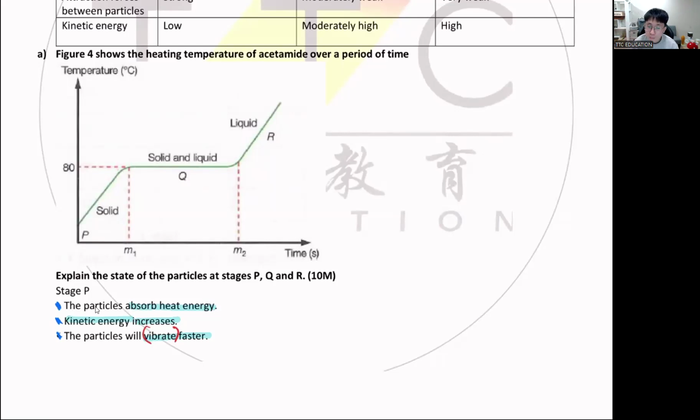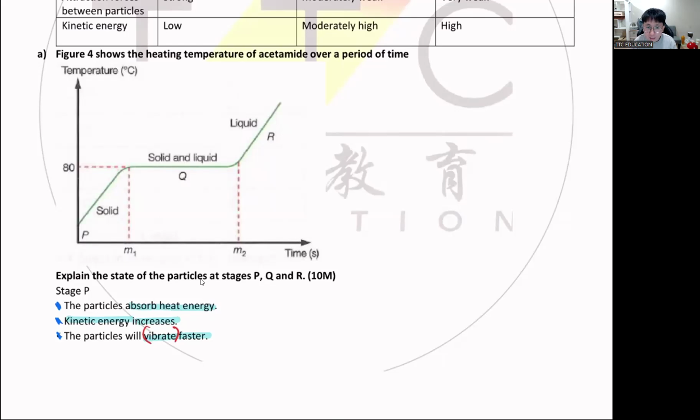Okay, so you say, teacher, what if I put in a paragraph? It's fine. You can go in a paragraph. You can just combine all these three sentences in one paragraph. It's okay. But why do I write so many points? Because do you see it's 10 marks and it's three stages. So if you divide averagely, like 3 marks, 3 marks, 4 marks like that.